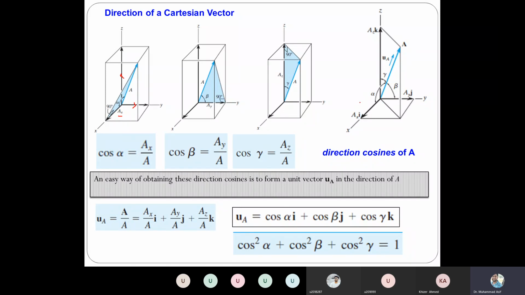If the component is AX, then the angle is alpha; if the component is AY, the angle is beta.